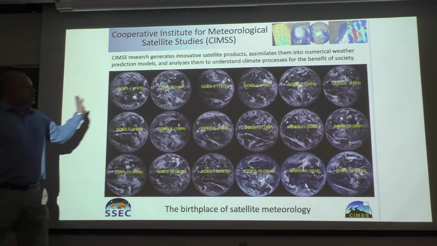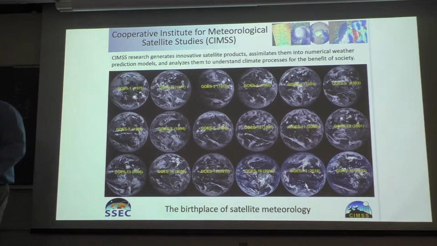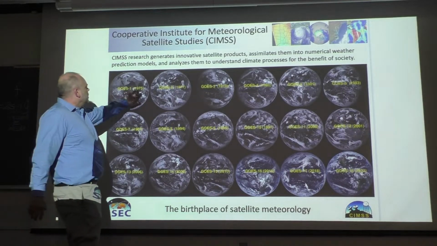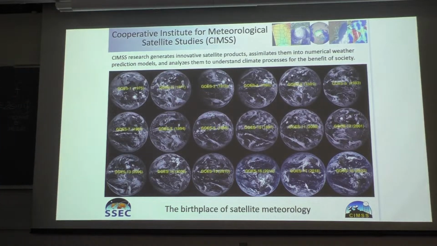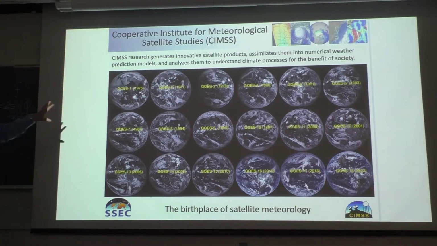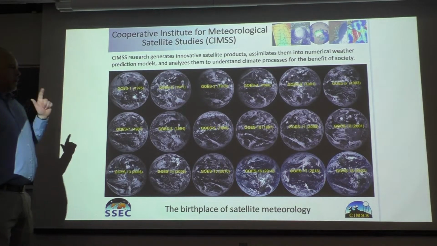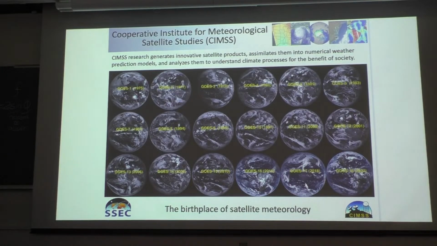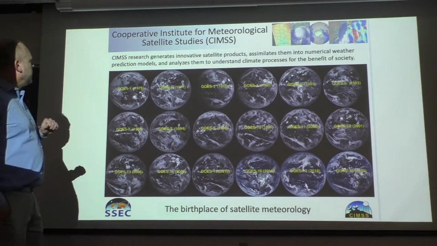We have the longest record of geostationary satellite measurements in existence. It goes all the way back to the original GOES-1 era. We also use these observations for a variety of different products, to benefit society. Things like cloud cover, identifying fires, looking at volcanic ash, even turbulence now using machine learning techniques.